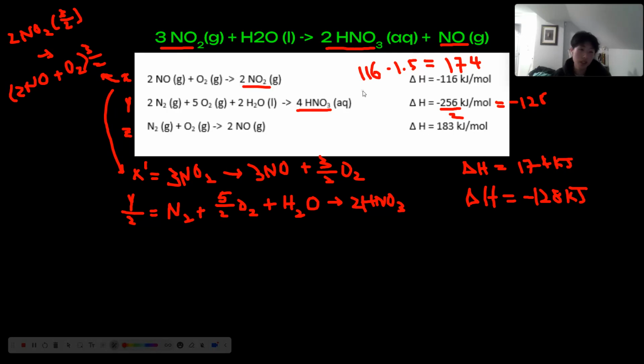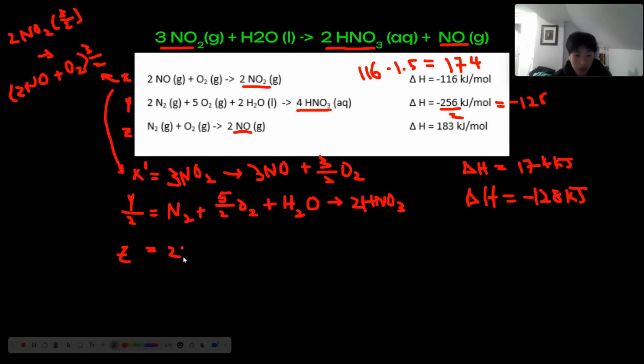Okay, and now that just leaves us with reaction Z. For my final reaction, I want to have 1 mole of NO. Since on the product side I have 2 moles of NO, I would want to optimally get this to the left side and reverse this reaction so that I will end up being left with 1 mole at the end, because I have 3 here, and if I subtract on the reactant side, I'll be left with 1.